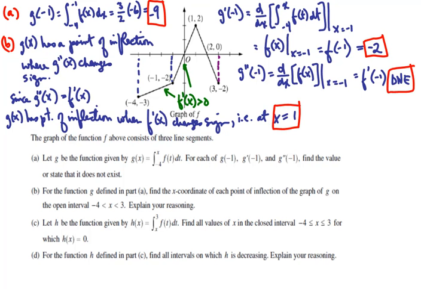As we move back from 3 to 2, we have a negative area. From 2 to 1, we have an area where the positive is going to cancel with the negative there. So h of 1 should equal 0. I hope that makes sense.